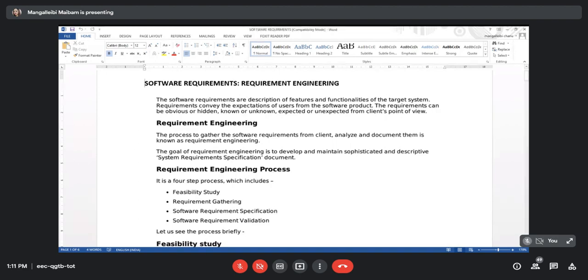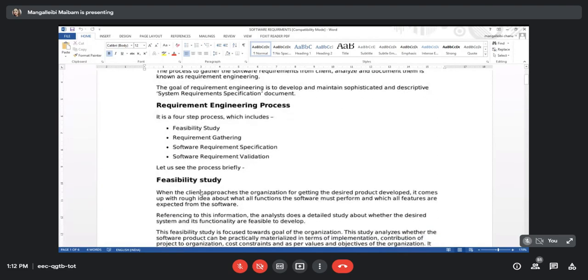Now, what is the goal of requirement engineering? Why do we perform it? It is performed in order to get a descriptive documentation, which is known as SRS, System Requirement Specification, or sometimes Software Requirement Specification.